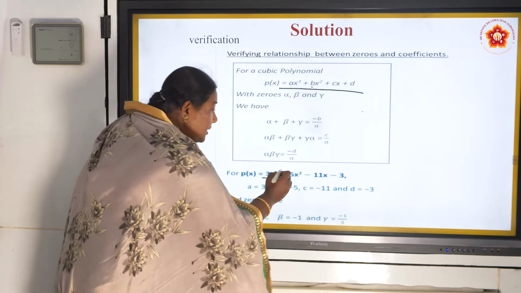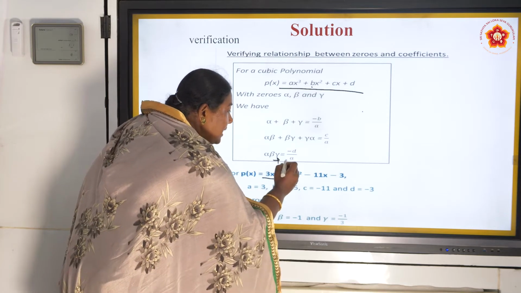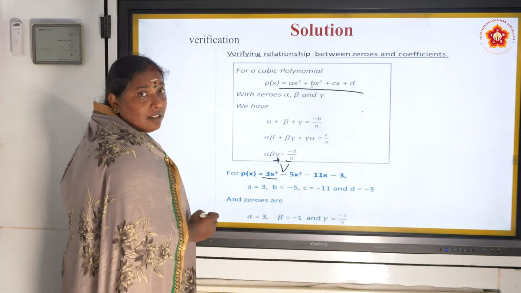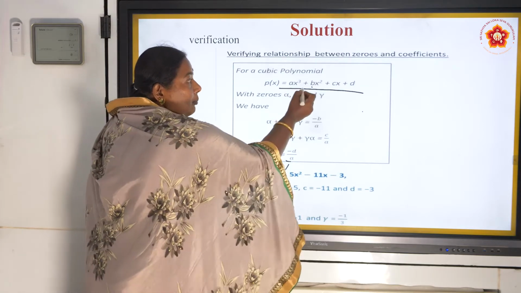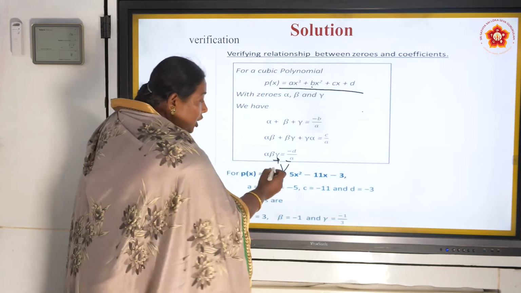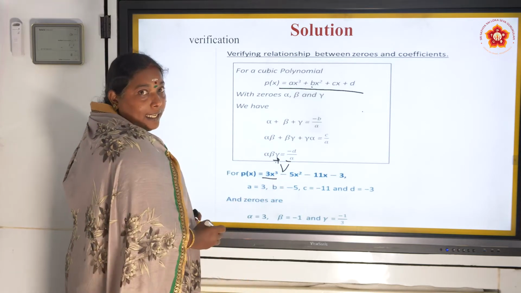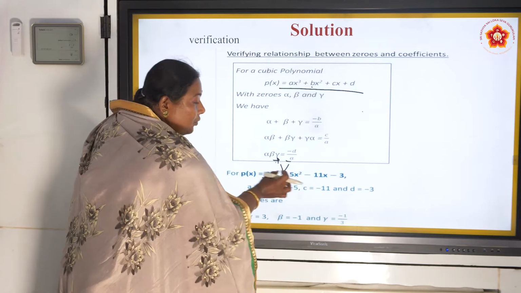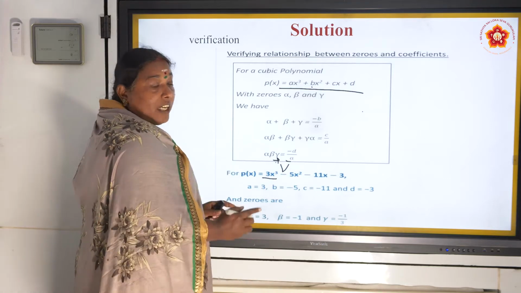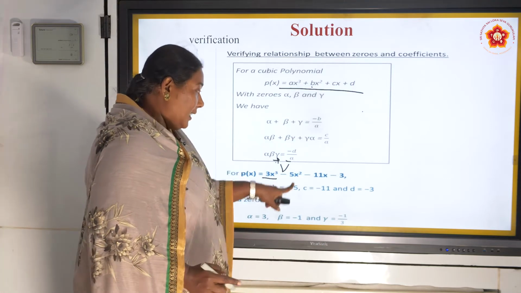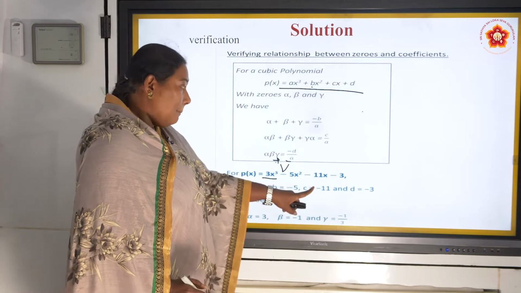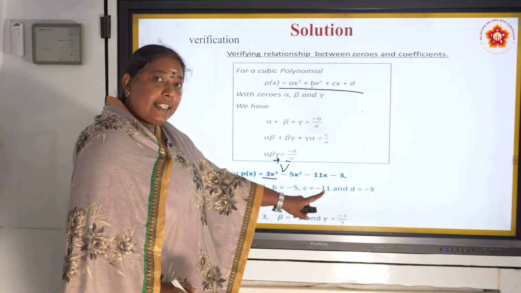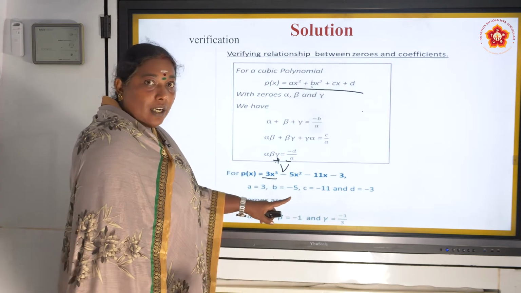How do we get a minus? The multiplication of plus and minus is a minus. Is it right? So as per the general polynomial formula, you have to take the plus and give the minus to the number. That is why we are writing b as minus 5, c as minus 11 and d as minus 3. I think you understood that.